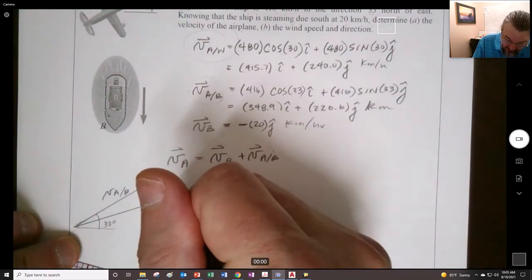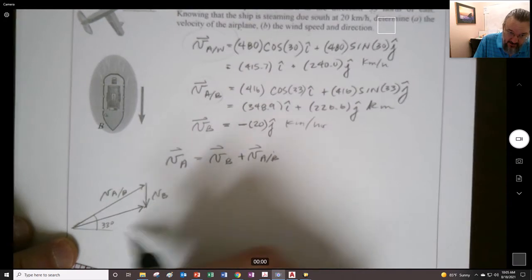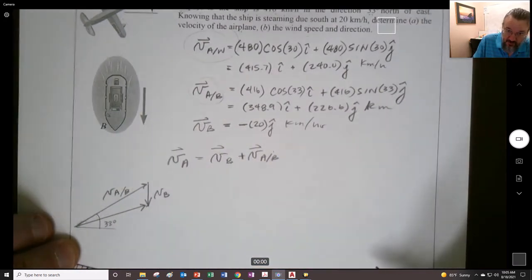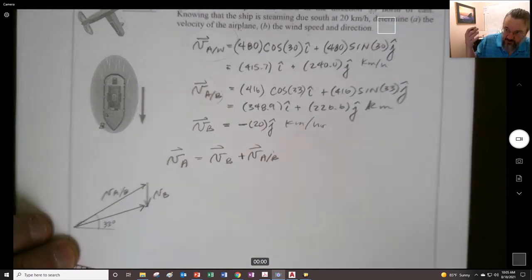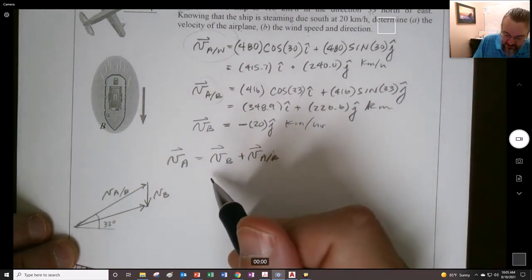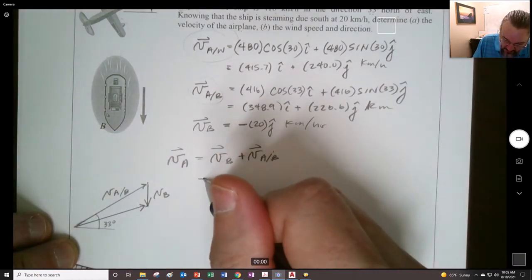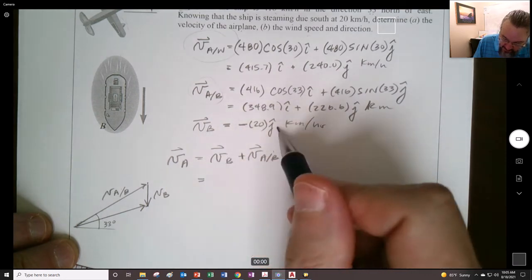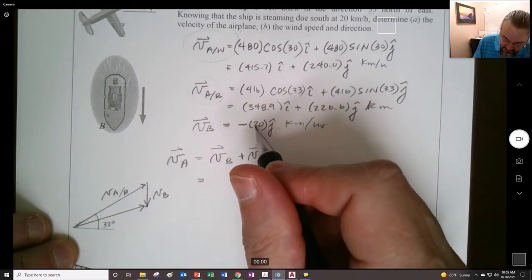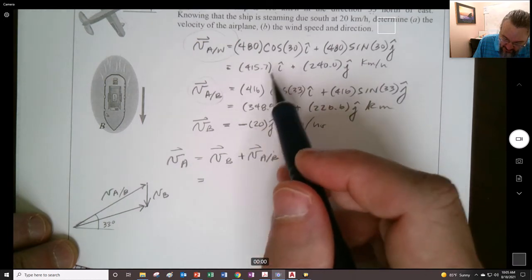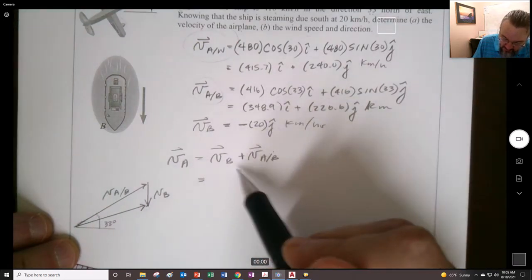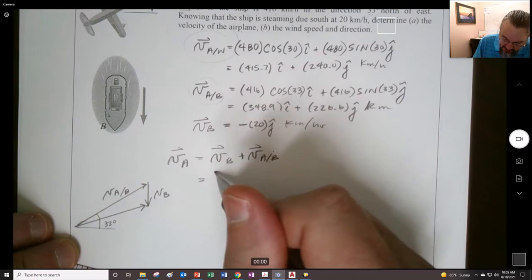We could continue using the vector triangle geometry, but I'm just trying to get it straight in my mind what's actually taking place, which is the important part. If you want the velocity of the airplane, take the velocity of B, which is negative 20, and add it to this A with respect to B. So let's write that out.